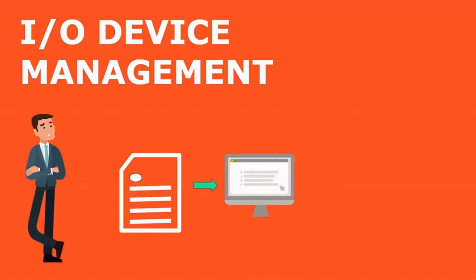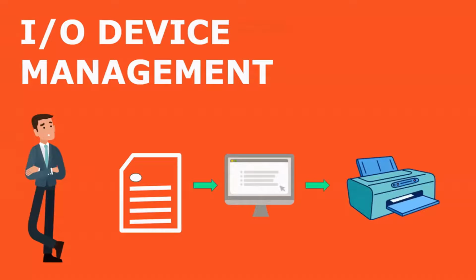So how will that printer be assigned to the application on which you are working? It is the operating system that provides the access of the printer to that application, and then you can print your document out.